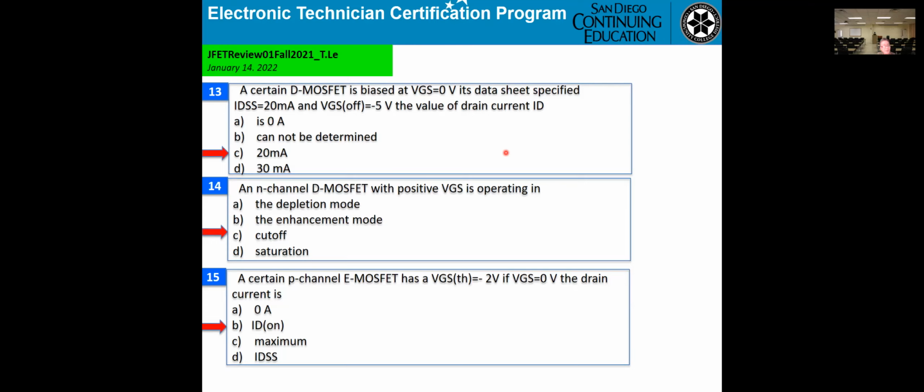They work the same as a JFET. Number 14, an N channel D MOSFET with a positive VGS is operating in, the answer will be C, cut off.